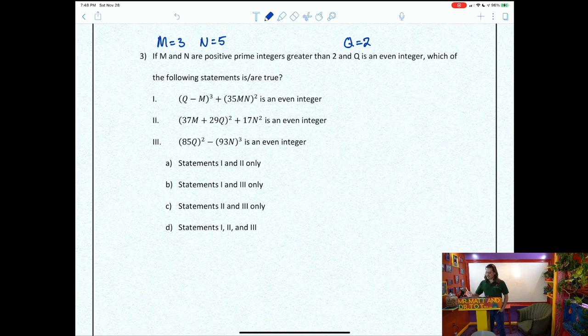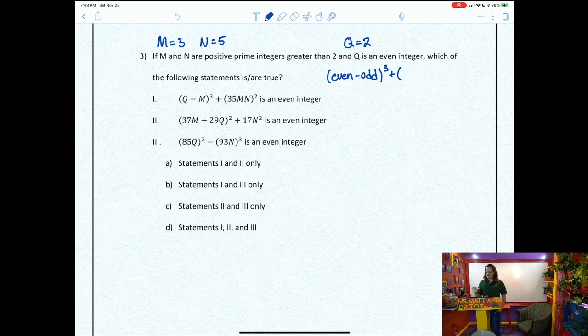But thinking about these conceptually, we're going to have q minus m. So we're going to have an even minus an odd, quantity cubed, plus 35. Now if you're using substitution, I would sub out 35 and use a smaller odd number, because the only thing that matters there is that 35 is an odd number.